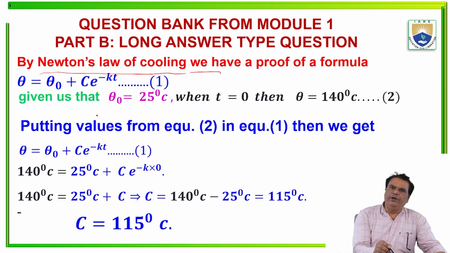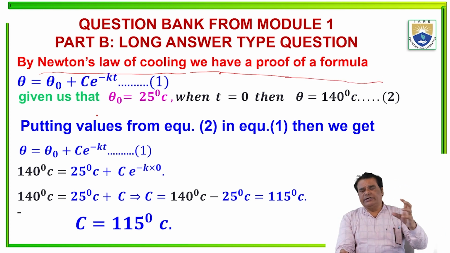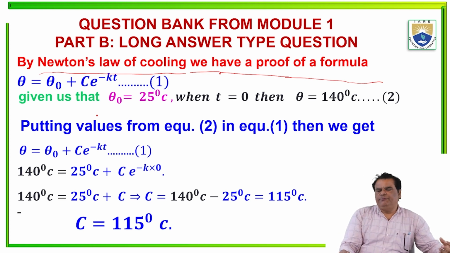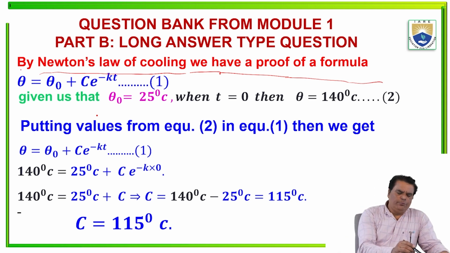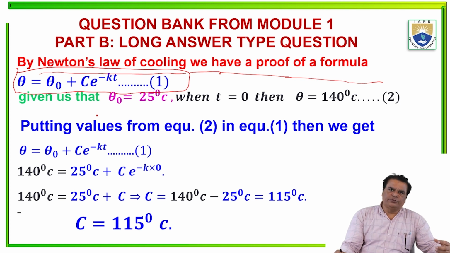By Newton's law of cooling, we have a formula giving the relation between the temperature of the body and the temperature of the air medium with respect to time. Theta equals theta naught plus c e to the power minus kt, where k is a proportional constant. This is equation 1.